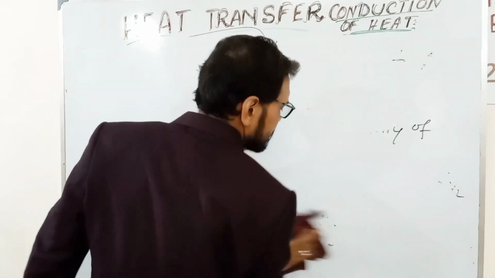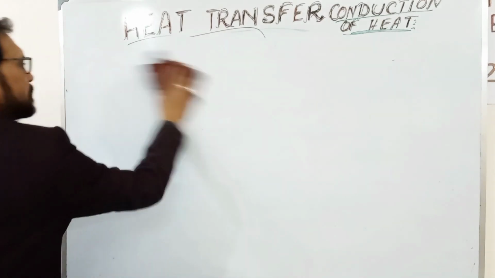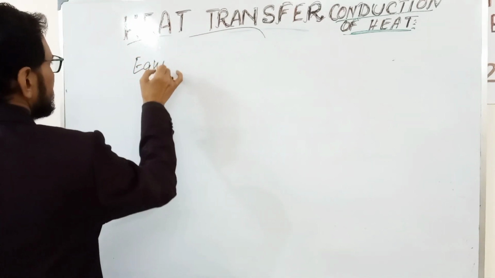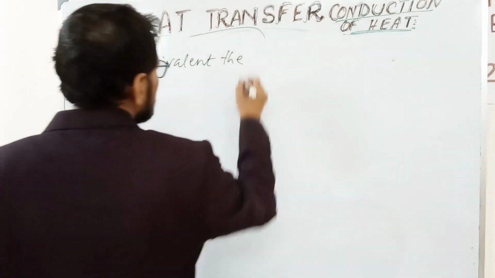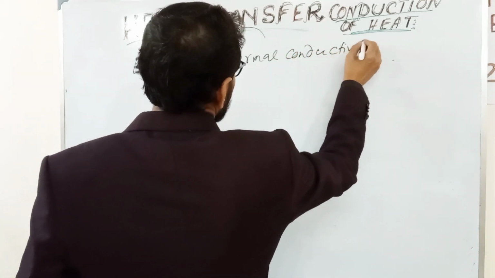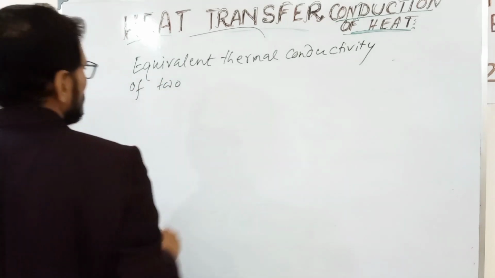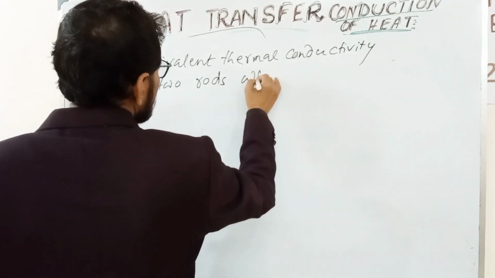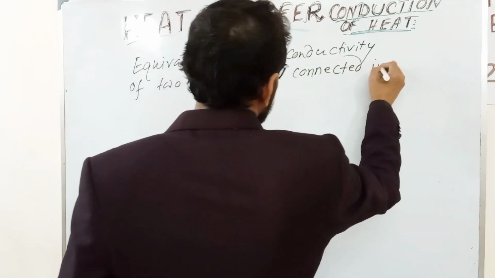Now we can find the equivalent thermal conductivity. Next term is equivalent thermal conductivity of two rods or slabs when connected in series.